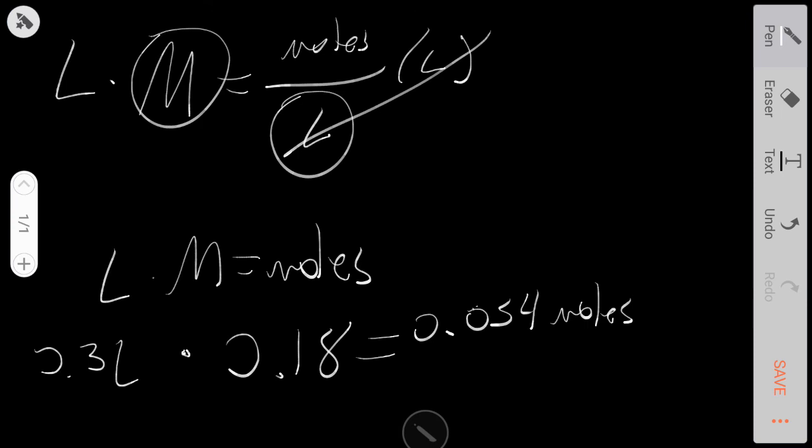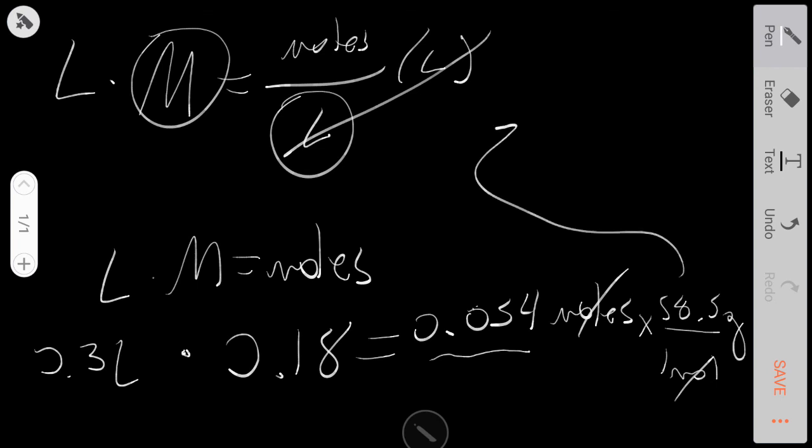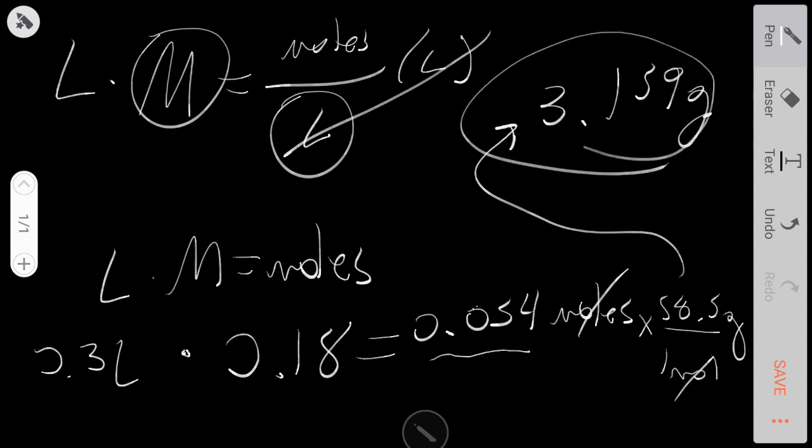Even if I told you it's 78, if a test gives you something, use that. So I have this many moles times, in 1 mole, I have 58.5 grams. Moles cancel out, so 0.054 times 58.5 will equal 3.159 grams. That means B is my answer. So for number 23, the answer is B.